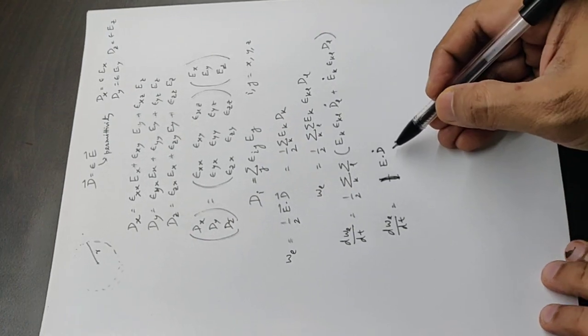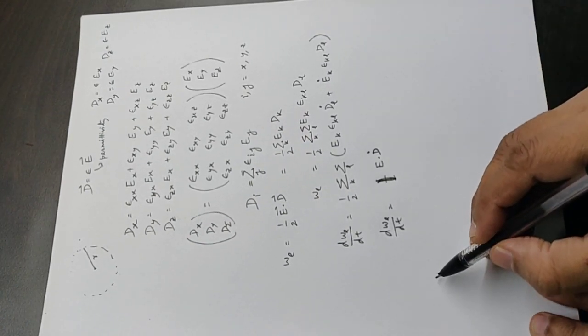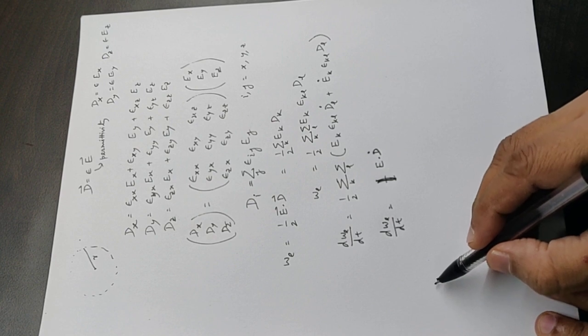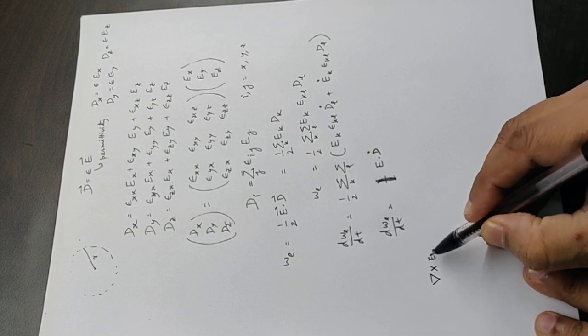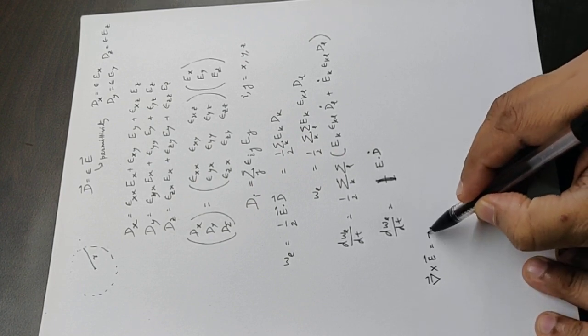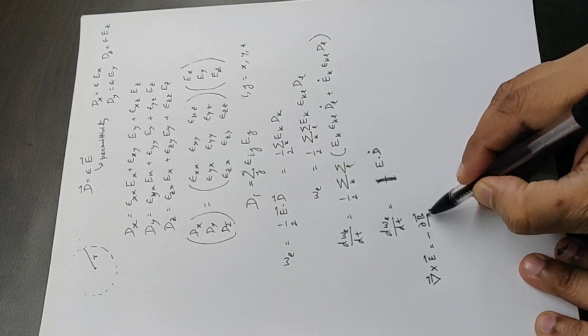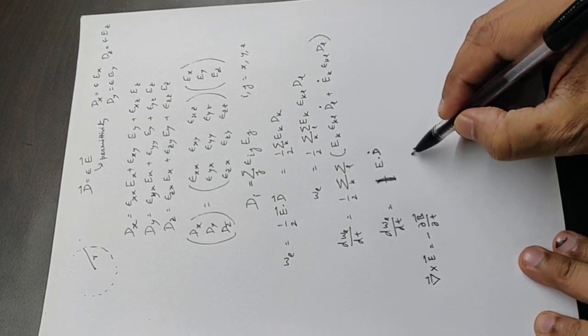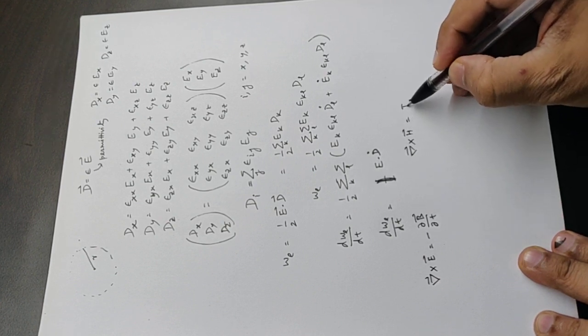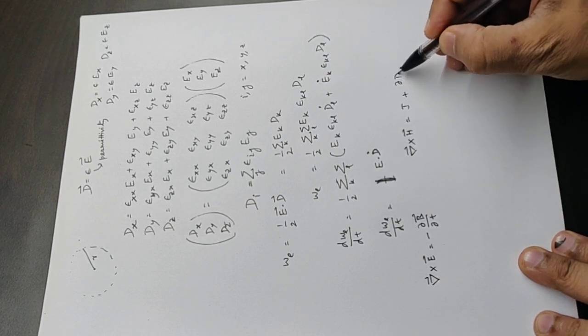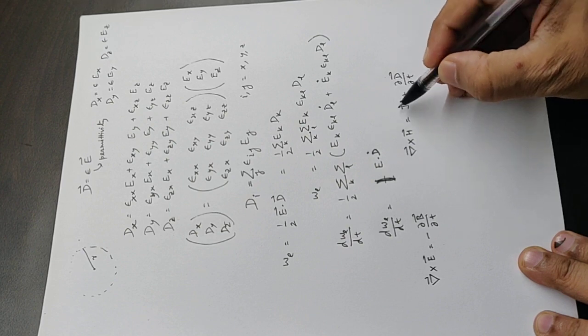Just to remind you, we had started with the two curl equations of Maxwell's equations. So del cross E, which happens to be minus del B by del t, and the other equation has del cross H, which happens to be J plus del D by del t.